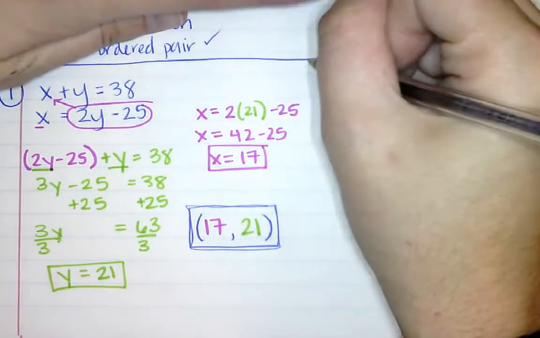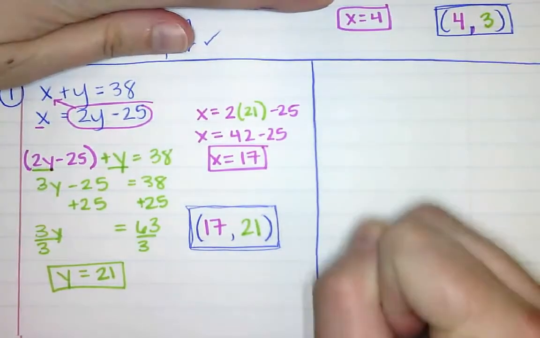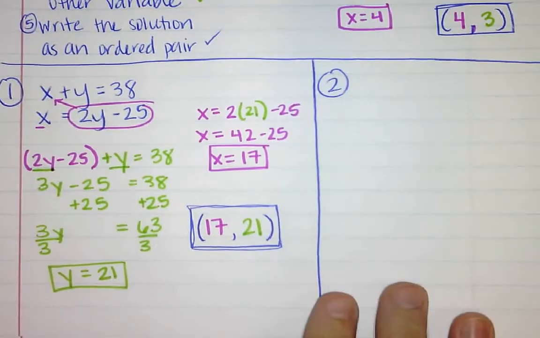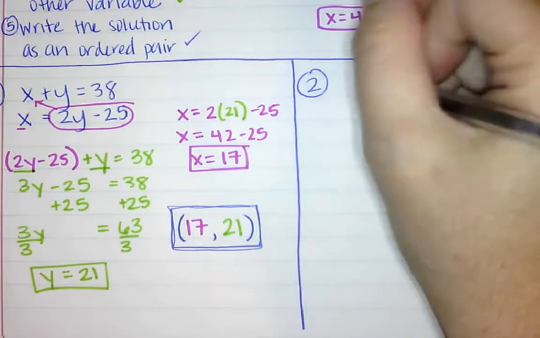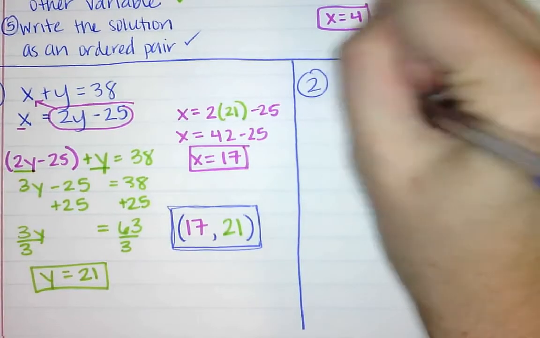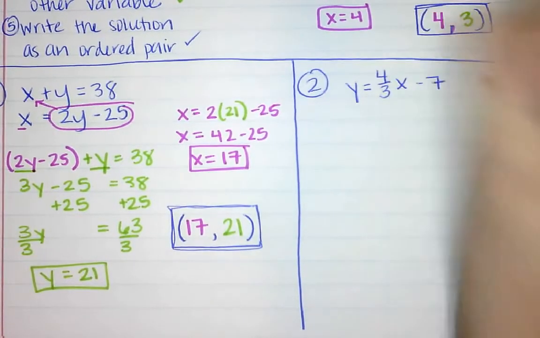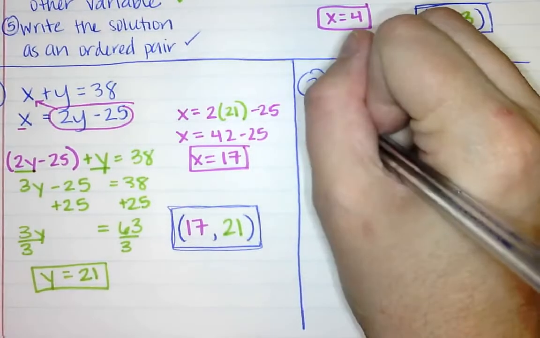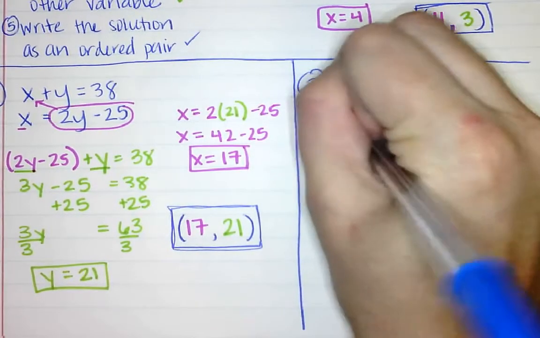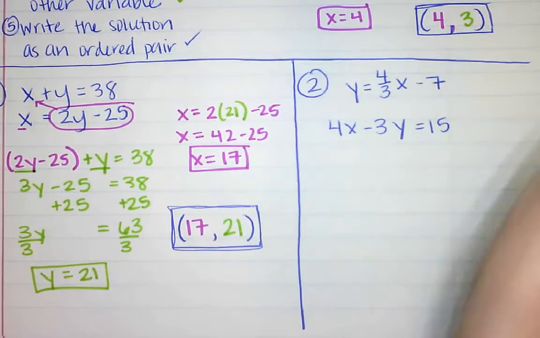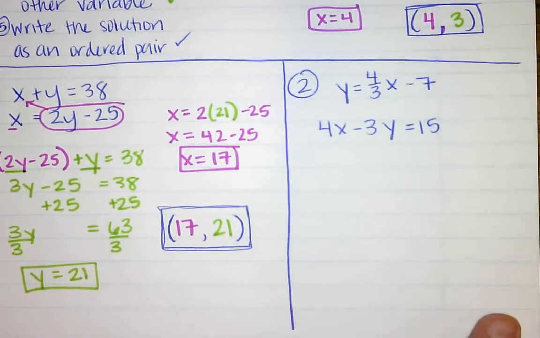Now, this one's not going to take up as much room. I'll draw a lovely little line here. So I'm going to do a number 2. So we are going to have two lovely equations here. y is equal to 4/3 x minus 7 and 4x minus 3y is equal to 15. All right.